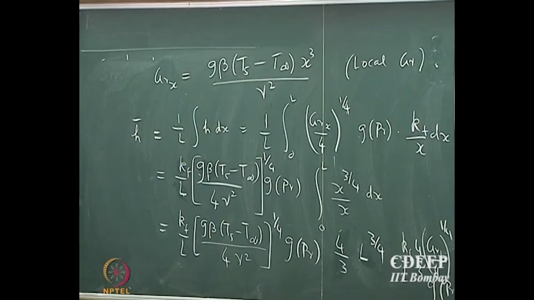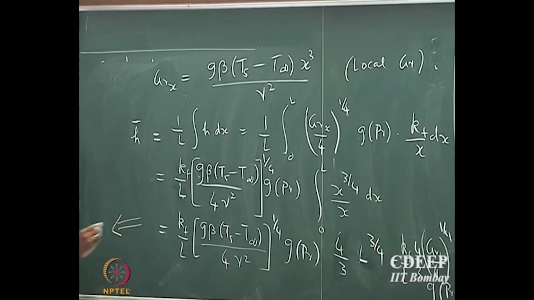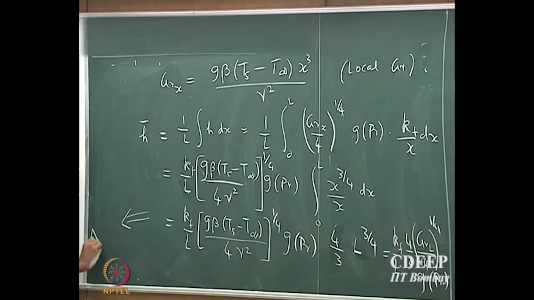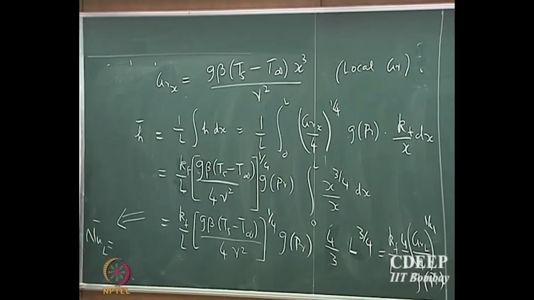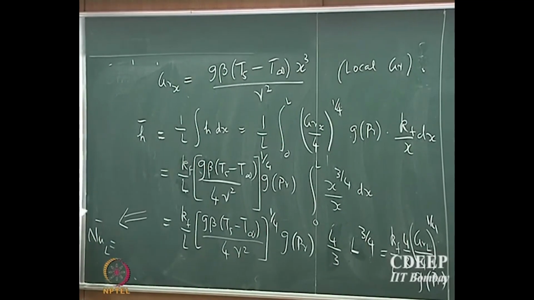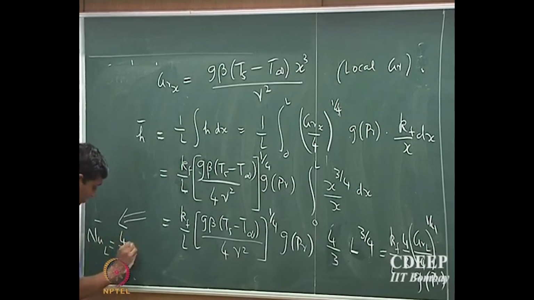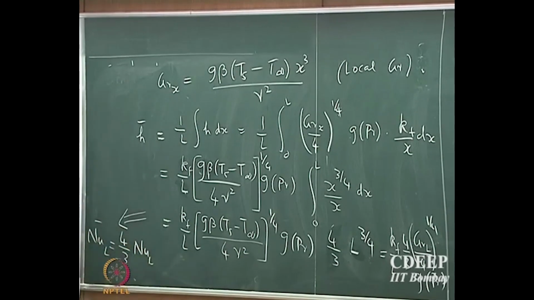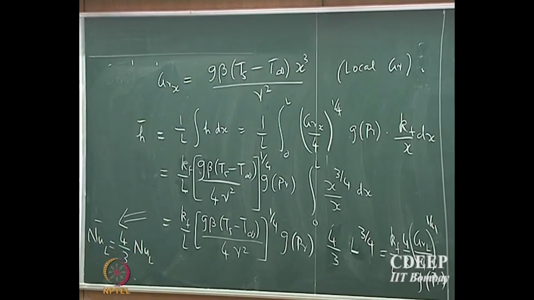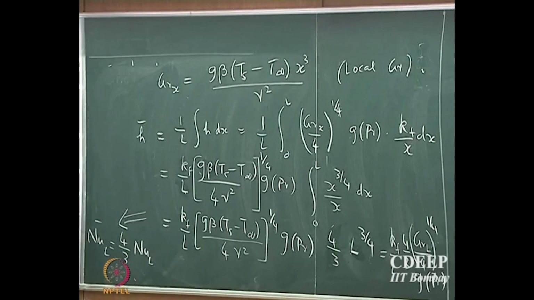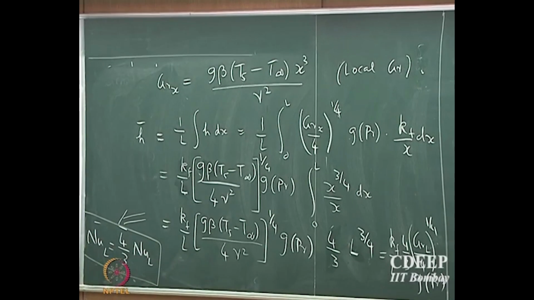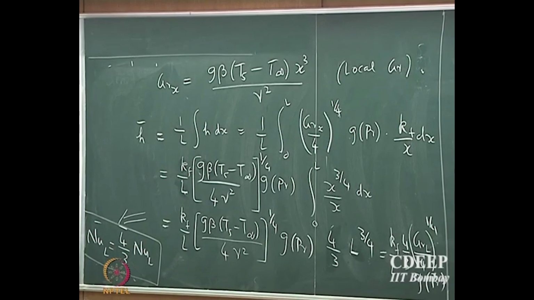So from here, what we observe is that the average Nusselt number, based on the length, should be equal to 4 by 3 times the local Nusselt number based on the length. It is very similar to what we got in the flat plate case, where the average Nusselt number is some constant multiple of the local Nusselt number itself.